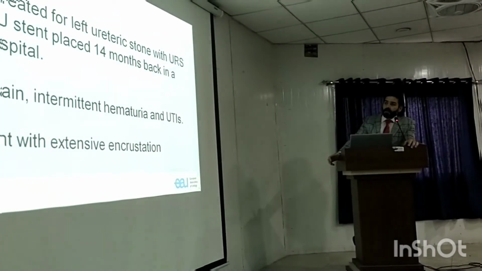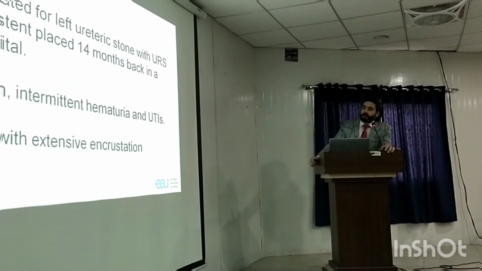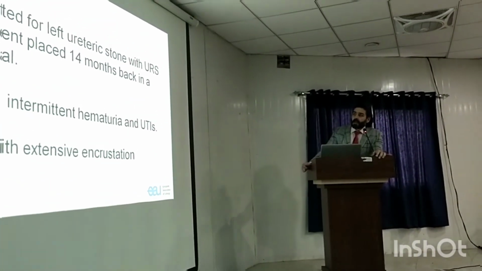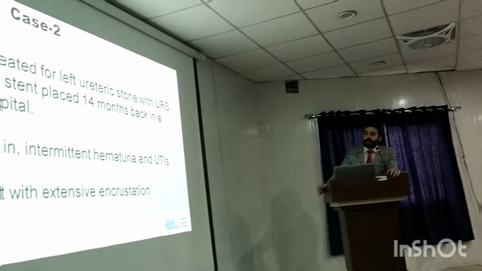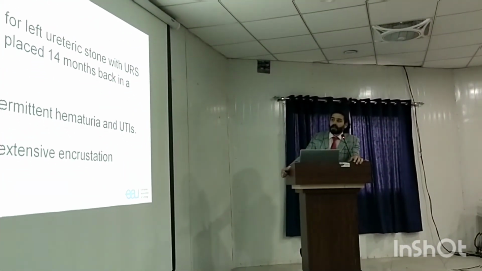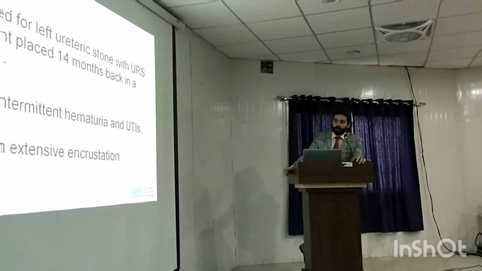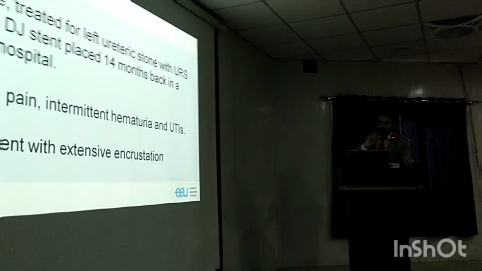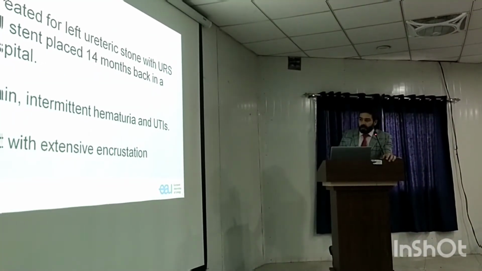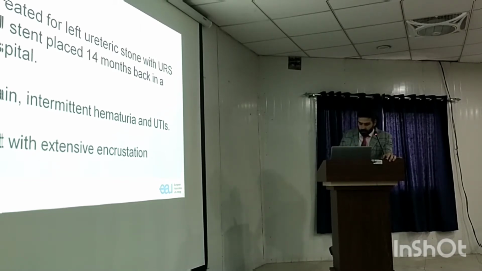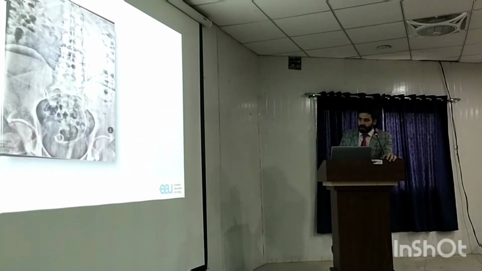Case 2, a 34-year-old male treated for a left ureteric stone with URS and left DJ stent placed 14 months back in a district hospital. He was experiencing left loin pain, intermittent hematuria and UTIs. His KUB X-ray shows stent with extensive incrustation.